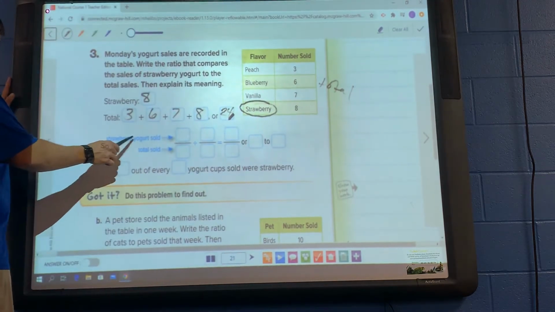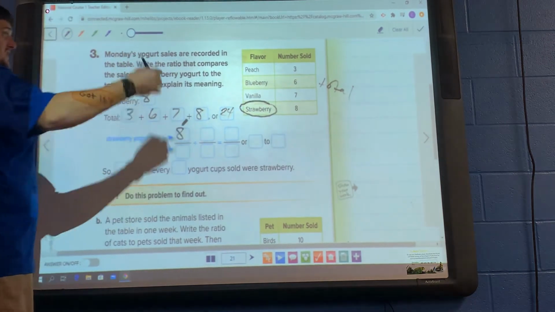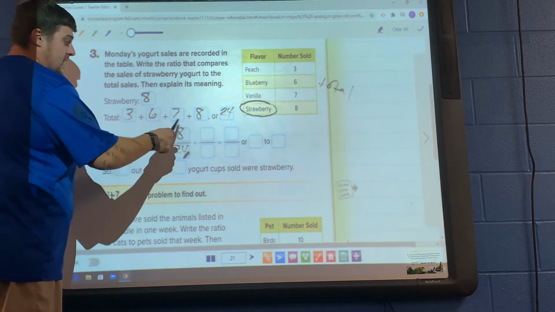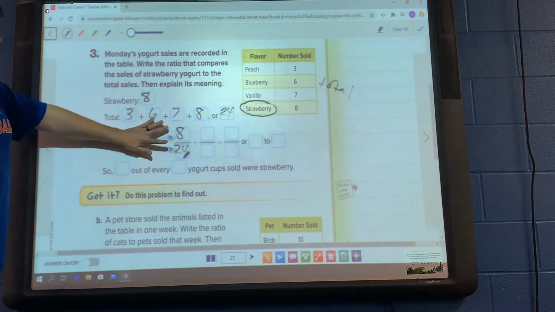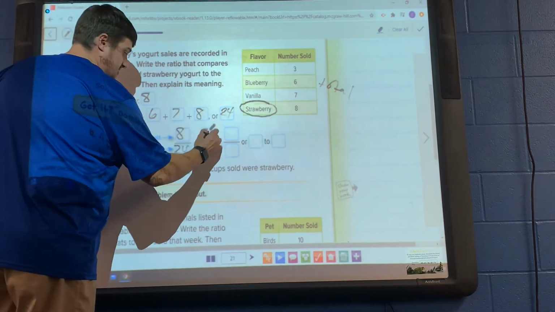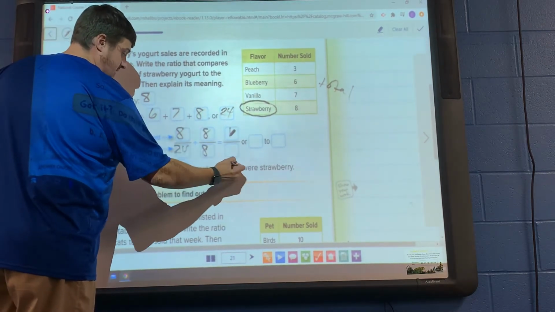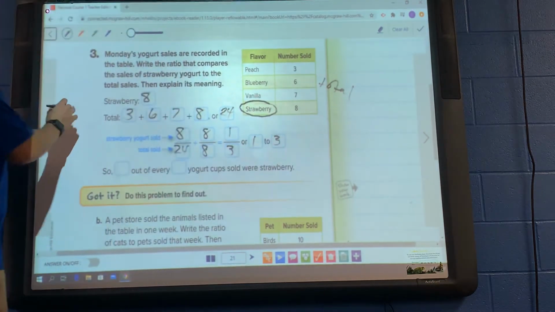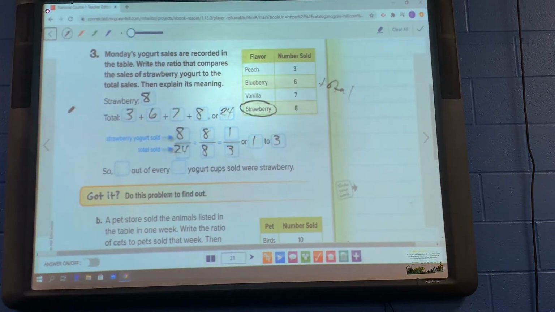So strawberry goes on top because that's what was stated first, and then the total sold, which would be 24. The greatest common factor of 8 and 24 is 8, so we're going to divide each of these by 8. So we get 1 to 3. Remember, there are multiple ways of writing these ratios.